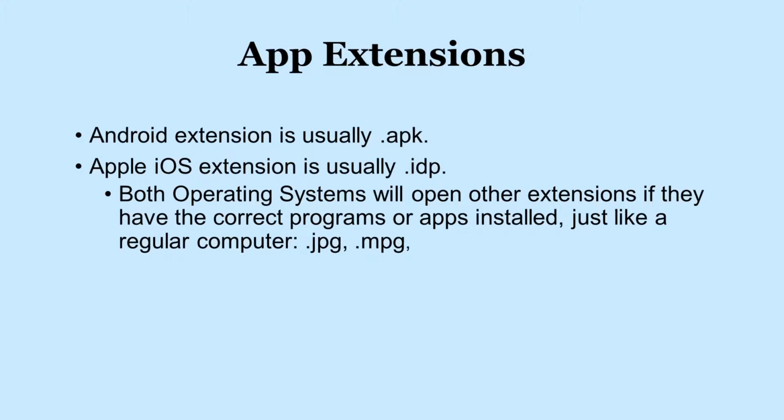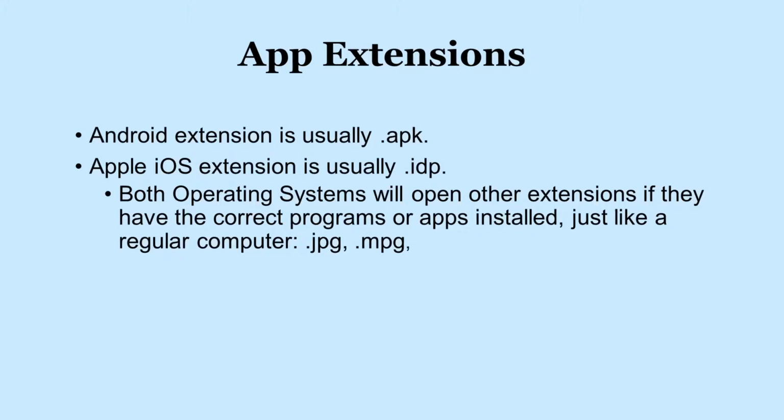While it doesn't really matter, you should know that the Android extension is .apk. The iOS extension is usually .ipa. However, both operating systems, Android, Apple, and now Chrome and Windows 10, will also open other extensions if they have the correct programs.